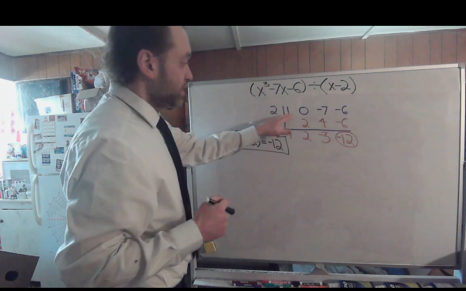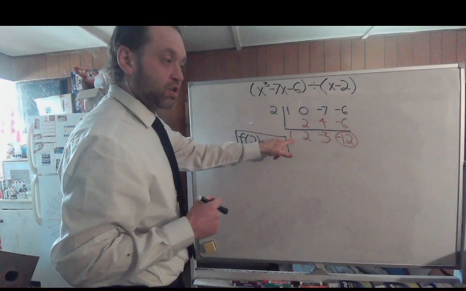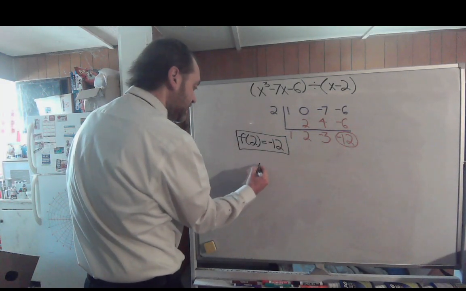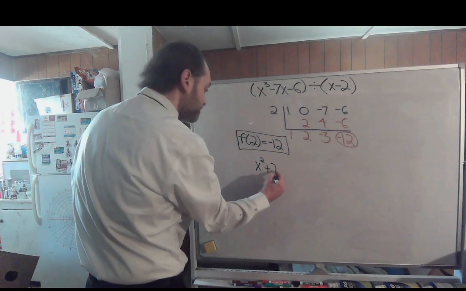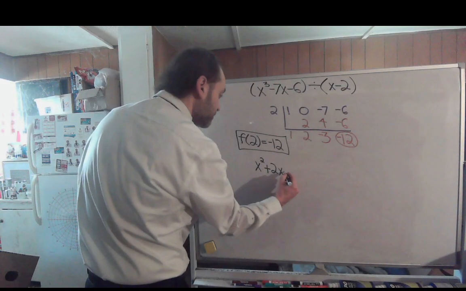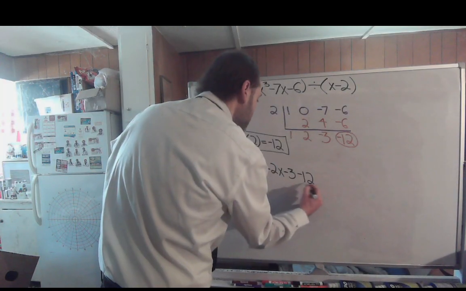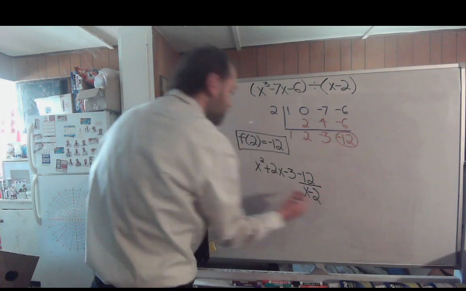So, the original polynomial is x to the third. The very first term in your results is one less power than what your original was. So the answer could be written as x to the second plus 2x minus 3, then minus that 12 all over that x minus 2. That's how you would write that.